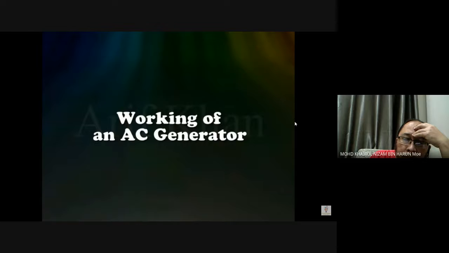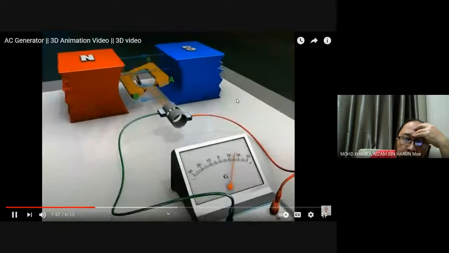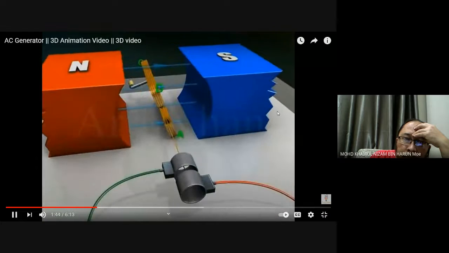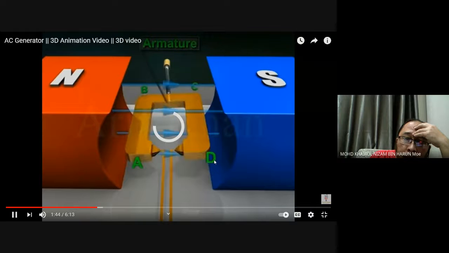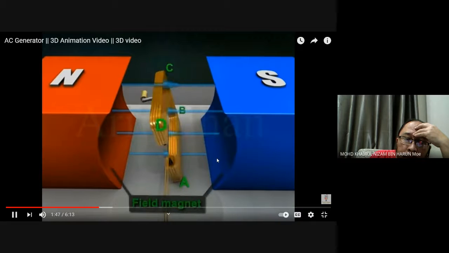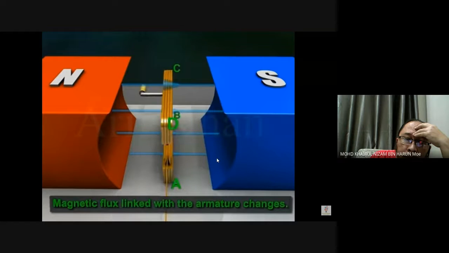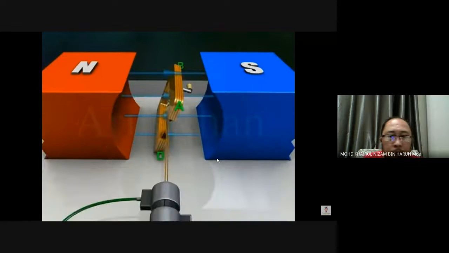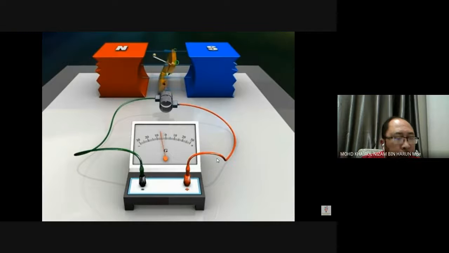Working of an AC generator. When the armature rotates between the poles of the field magnet, the magnetic flux linked with the armature changes continuously. As a result, an EMF is induced in the armature.